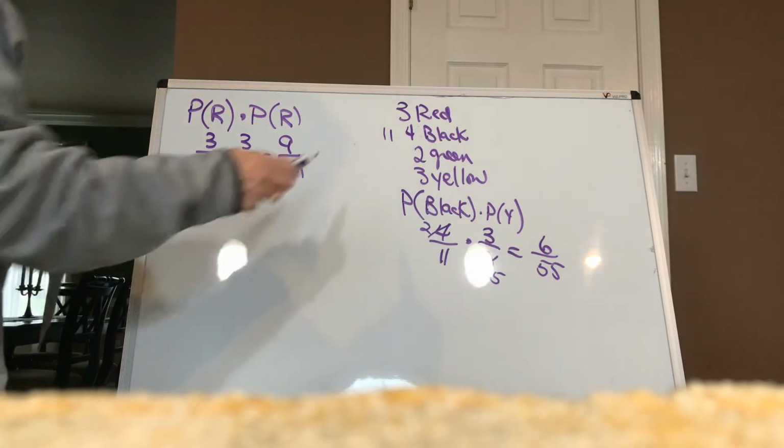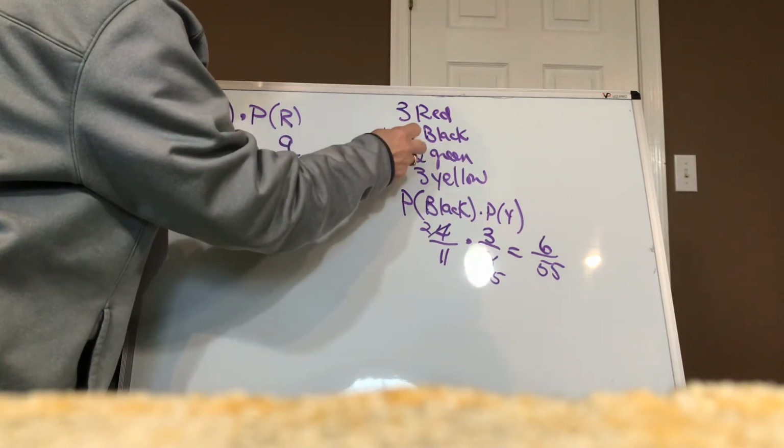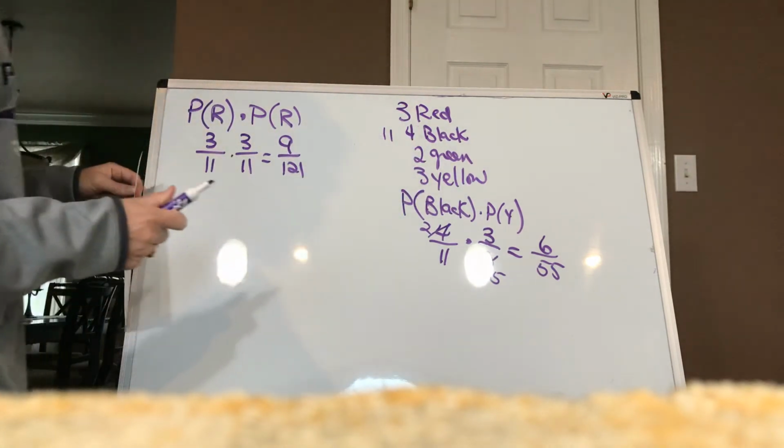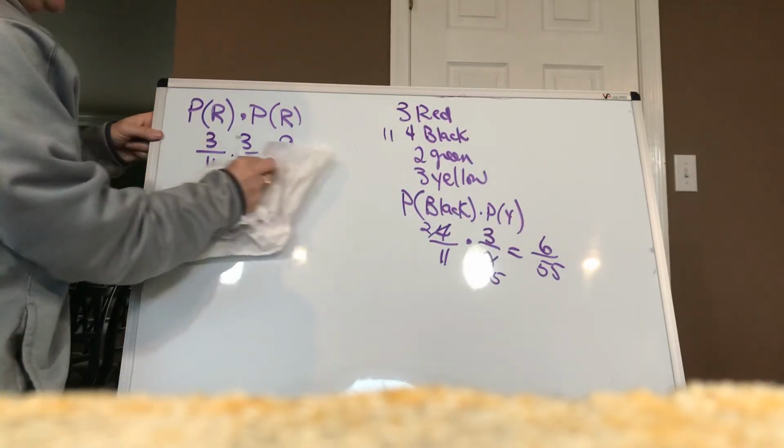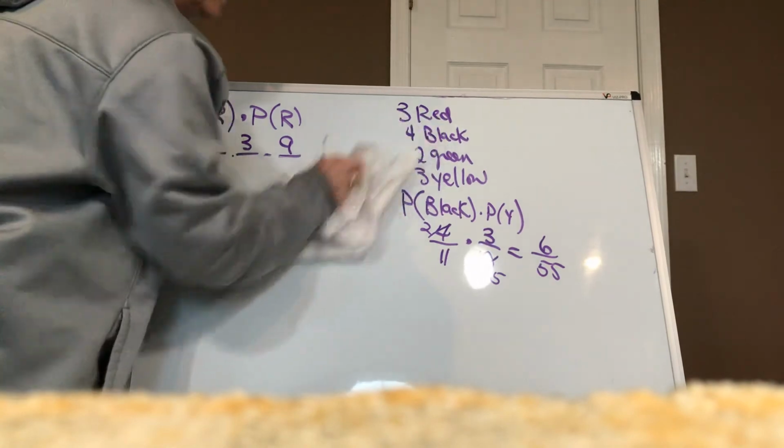Oh, you know what, guys? I added these wrong. That's 7, 8, 9, it's 12. Okay, so I'm a knucklehead. It's 12. So you would do the same thing except change the denominator to 12.